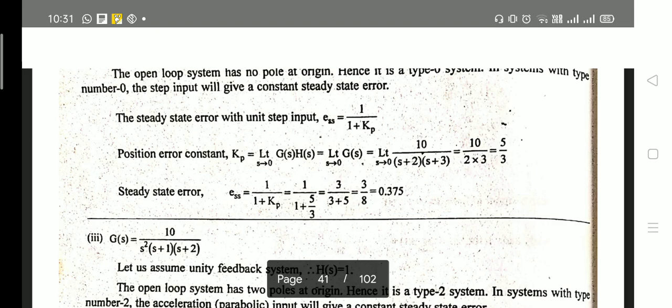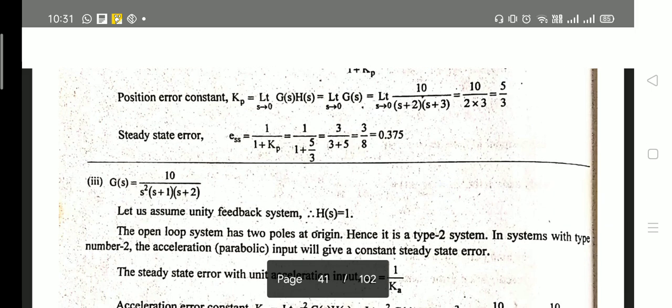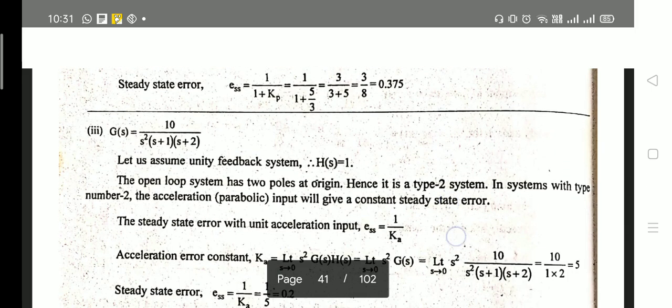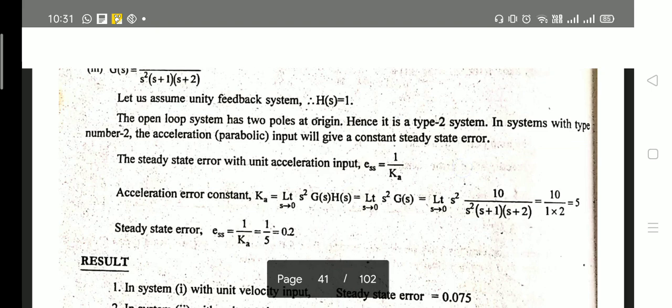The Ka formula is limit s tends to 0 of s² into G(s) into H(s). Substituting G(s), the s² terms are both cancelled, substitute s tends to 0, then we will get 5. From this, the formula for the steady state error in terms of the acceleration error constant is 1 by Ka. So, 1 by 5, that is 0.2.